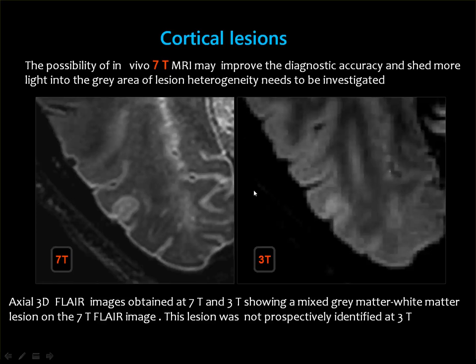There are some issues in the literature about the use of high power magnets like 7 Tesla and so on. But actually, I know from one of the radiologists in England that whenever they established the 3 Tesla MRI in his department, many of the patients suffered in this high power magnetic field.